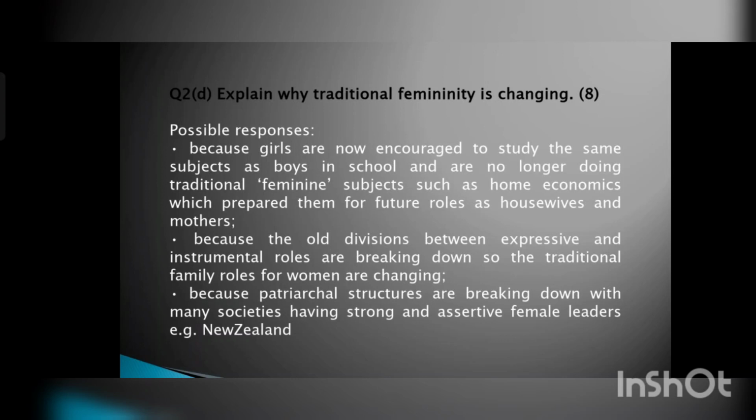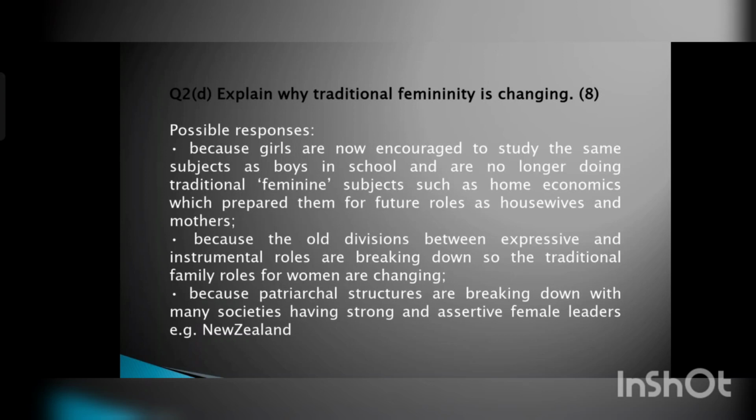In the second point, you can tell how the expectations between females and males are changing, because previously females were considered to be very expressive. They needed to be the caretakers of the family, they needed to take care of their homes, and the men were supposed to work outside, and they were the breadwinners of the family.